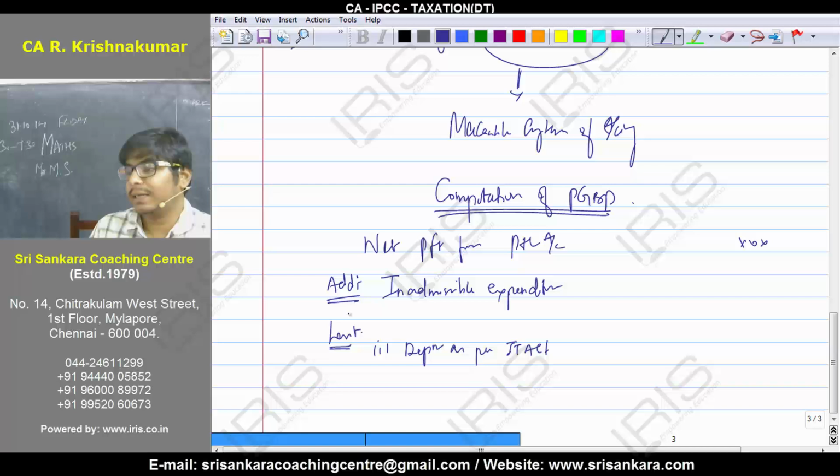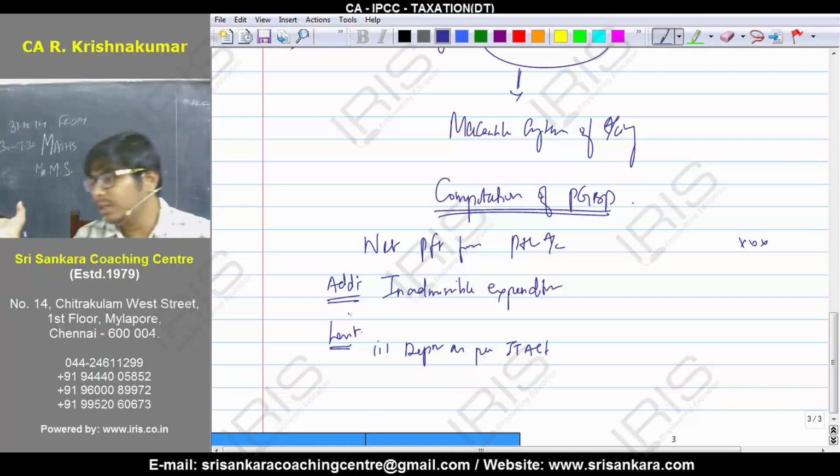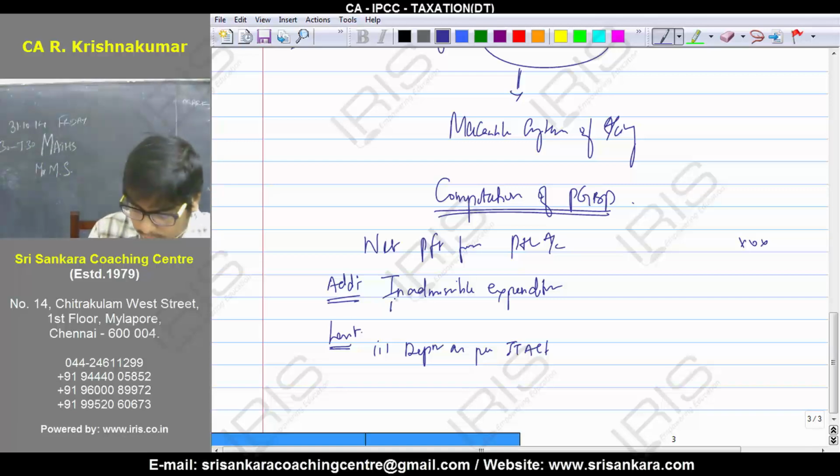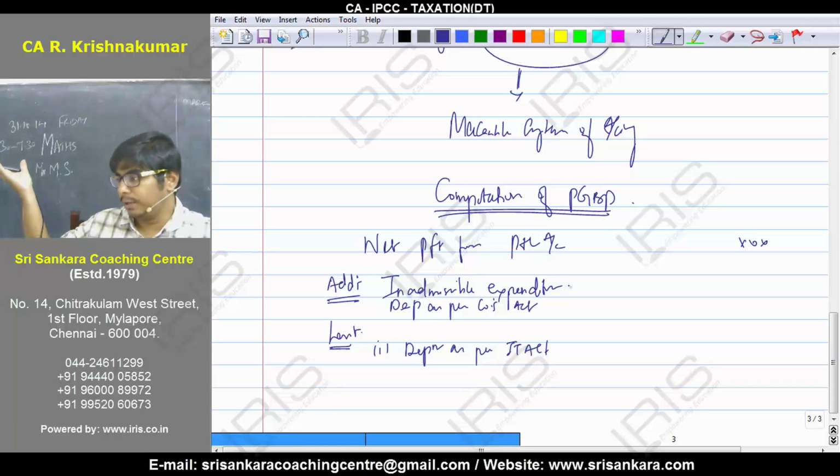When you are subtracting depreciation as per the IT Act, remember that you determined the net profit after depreciation in your P&L account, and that depreciation is based on the Companies Act. So, when you are giving a credit of depreciation as per the IT Act, you will add back the depreciation as computed under the Companies Act. Another add item is depreciation as per the Companies Act. You add back the depreciation as per the Companies Act, and what is allowed is depreciation as per the IT Act.